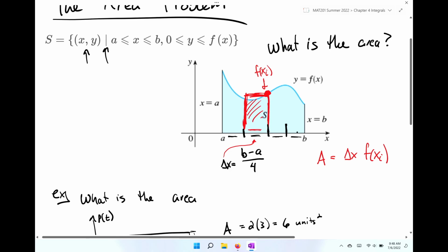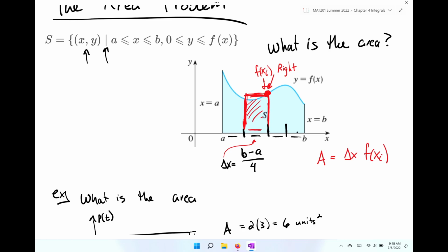This is what we call an under approximation, or we call these right-ended rectangles, or right endpoint rectangles. And that is because the right side of the rectangle is touching our graph, all right? It's touching our curve.